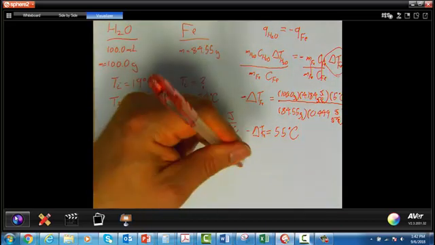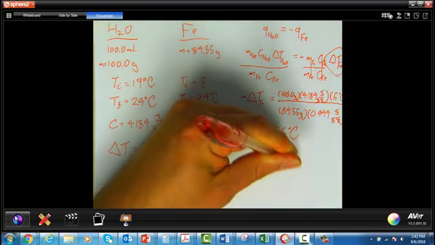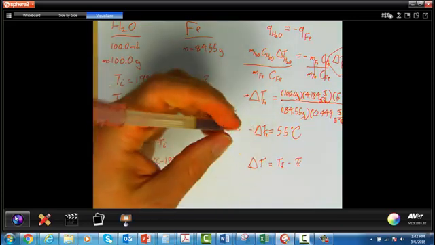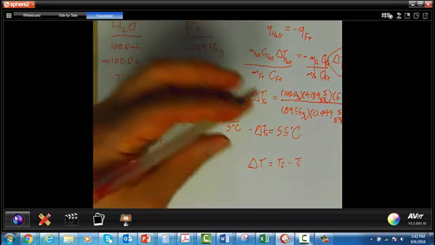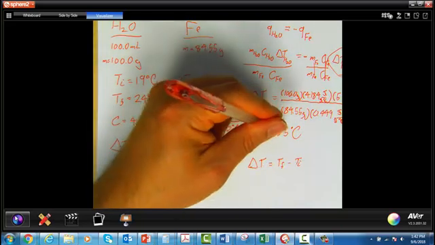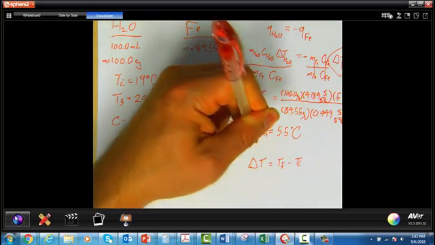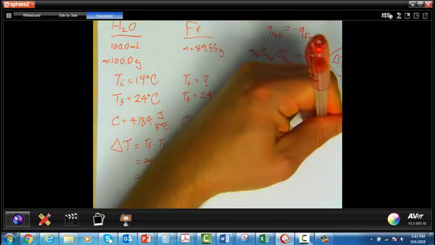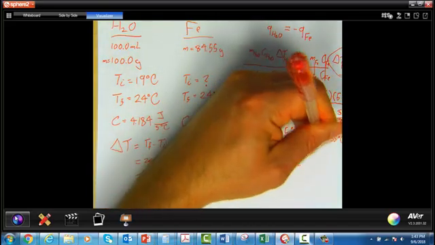So the delta T is equal to T final minus T initial, and in this case we have negative delta T. Let's just go back a step. So let's say delta T is equal to negative 55 degrees Celsius. So that will make it easier to put that into this equation.